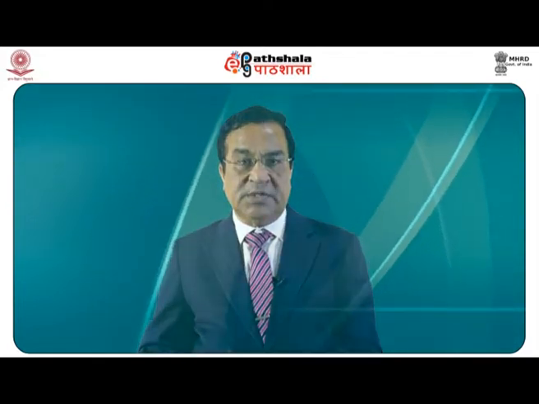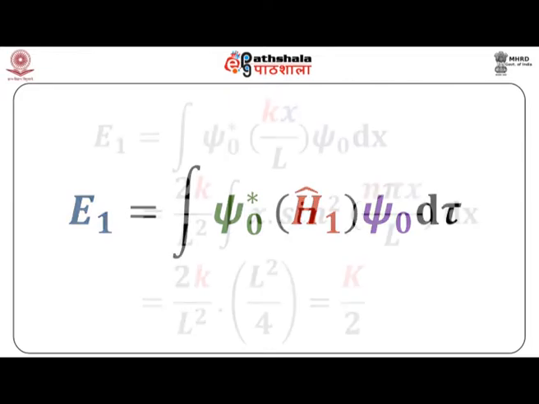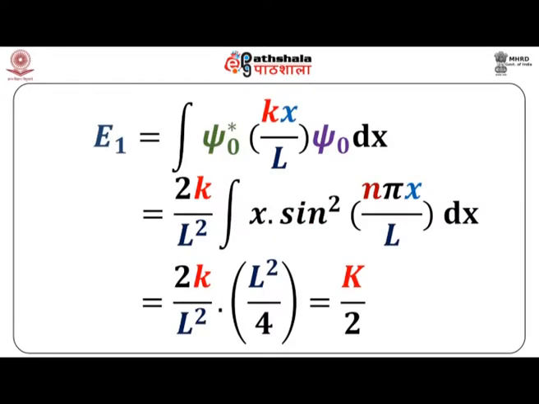Now if we substitute this into our earlier equation, we get straightaway the first order correction to energy due to perturbation. Psi 0 star is the wave function of the unperturbed system, which we have already mentioned.